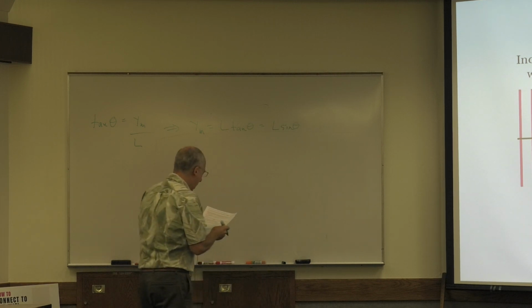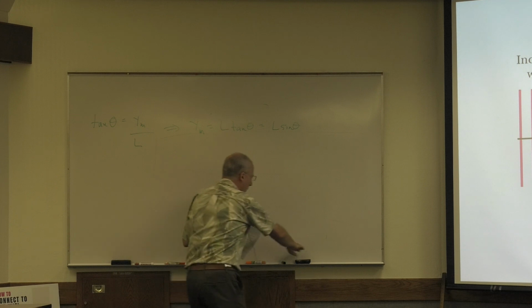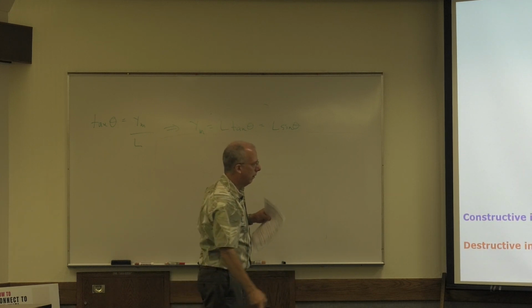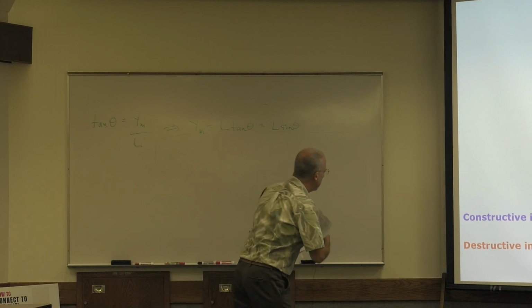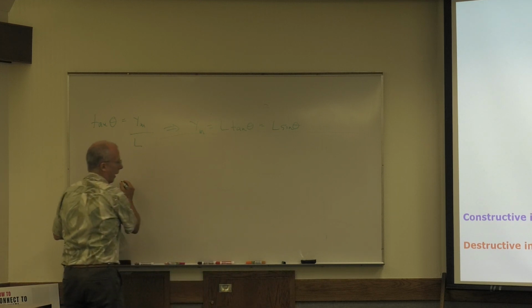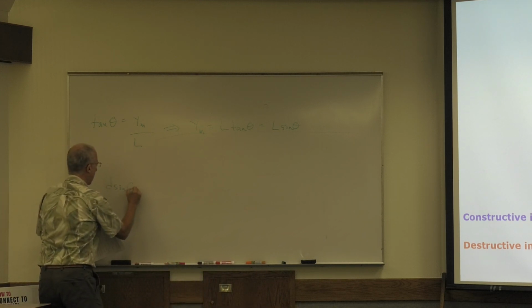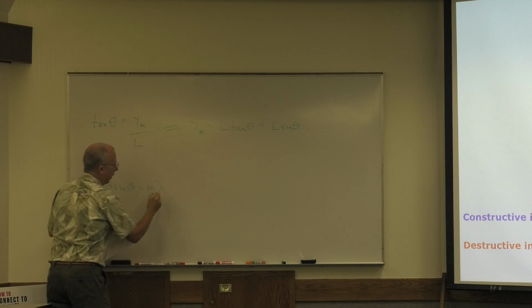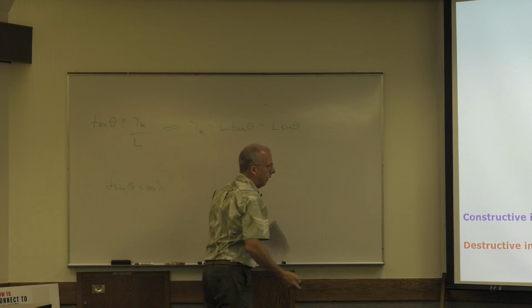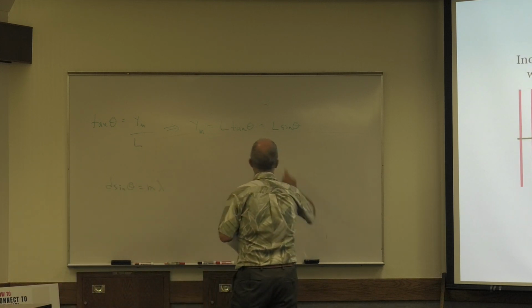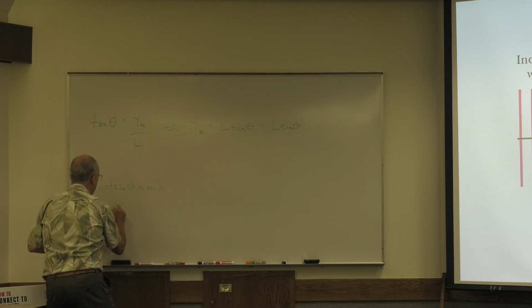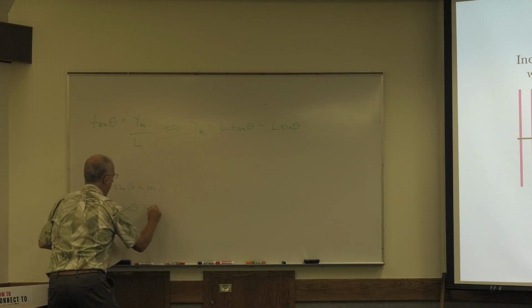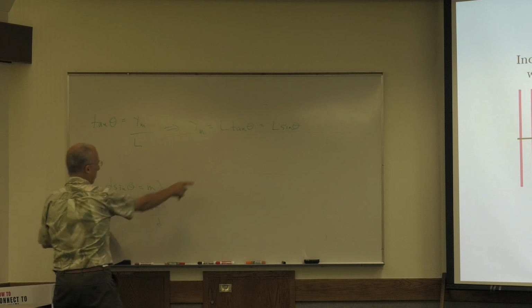Now, wait a second. We already figured this out, right? For constructive interference, we already know that d sine theta equals m lambda. So let's substitute for sine theta. Sine theta is just m lambda over d. So let's plug it in.